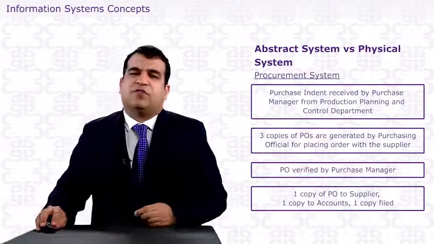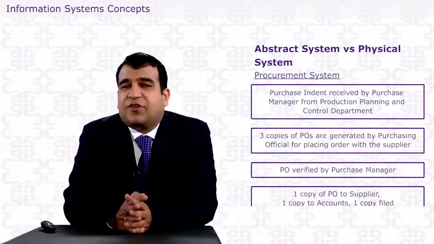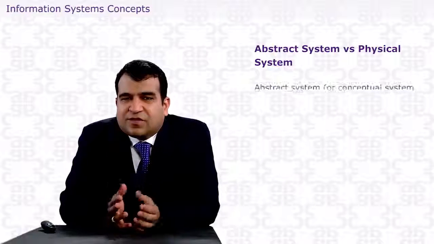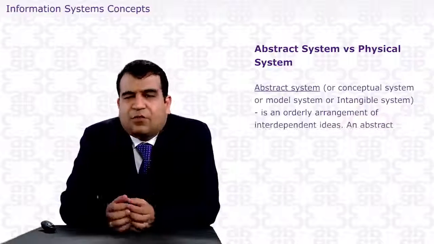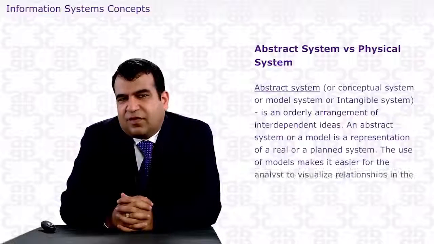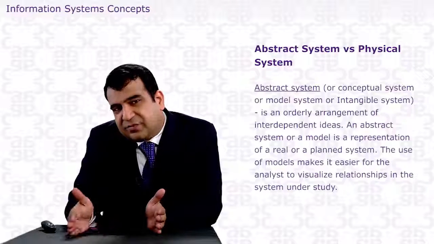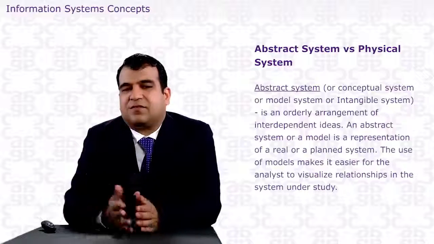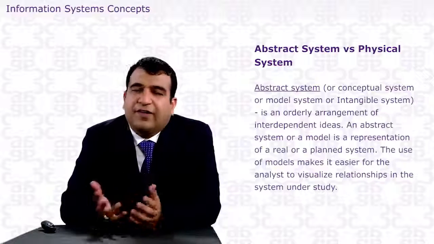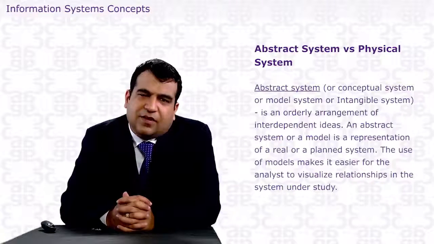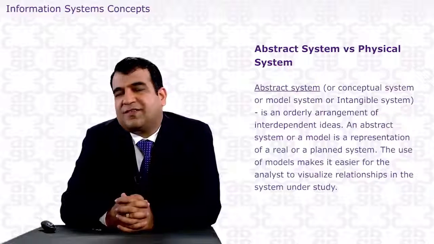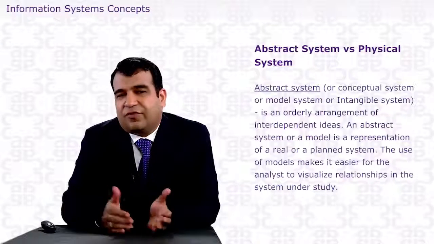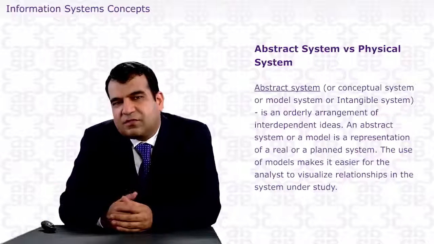So the definition is: an abstract system, or conceptual system, or model system, or intangible system, is an orderly arrangement of ideas, independent or interdependent. An abstract system or a model is a representation of a real or a planned system.